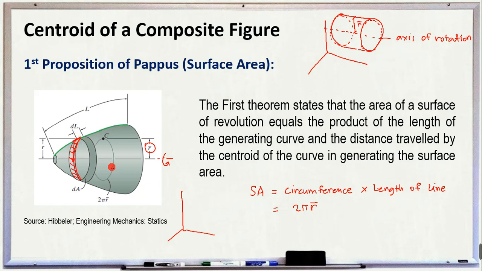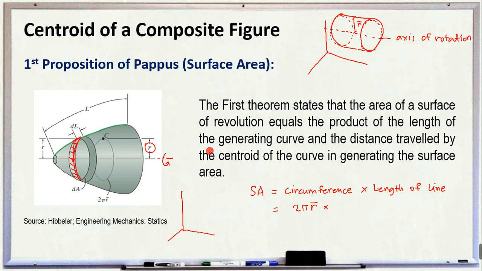So mo nang nagamit siya og integration, and by integration the resulting equation can be simplified into just the product of the circumference times the length of the line. So we have 2 pi r, that is the circumference, multiplied by the length of the line.